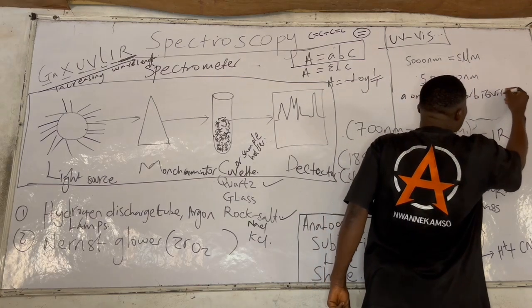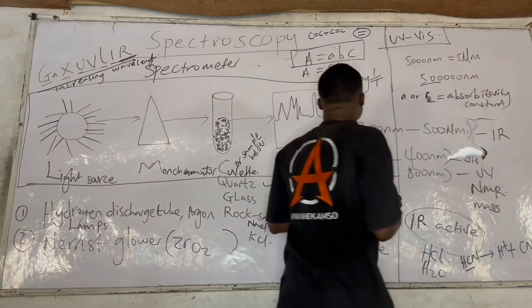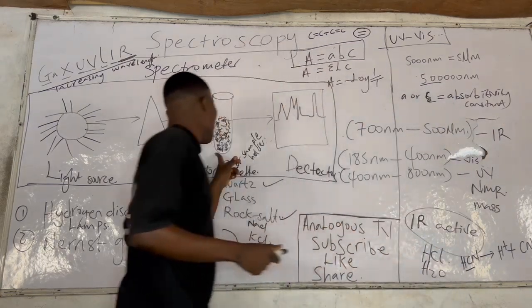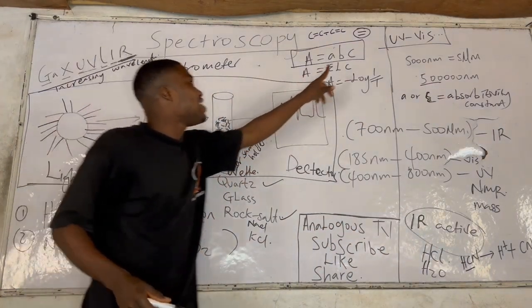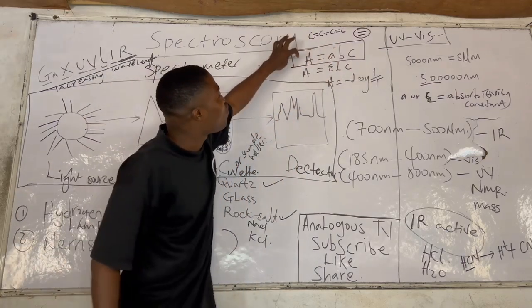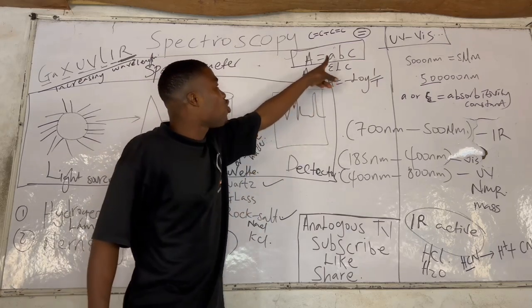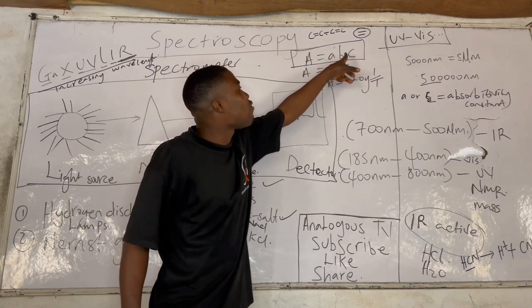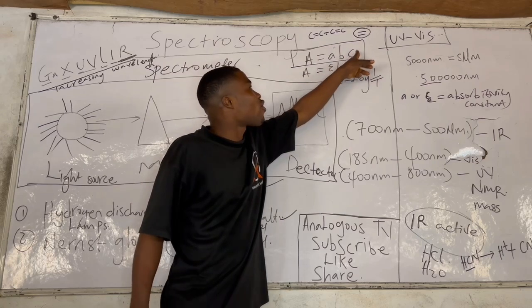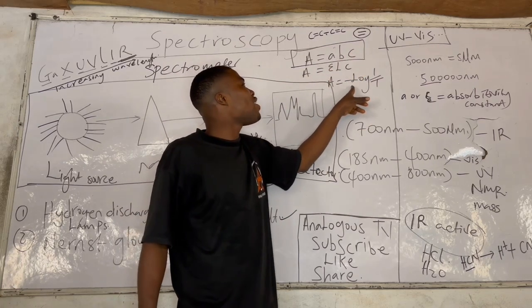Then b is the length of the cuvette, the path length of the cuvette. Then c is the concentration of the matter. So according to Beer's law, absorbance is equal to absorptivity times path length times concentration, or absorbance is equal to minus log of transmittance.